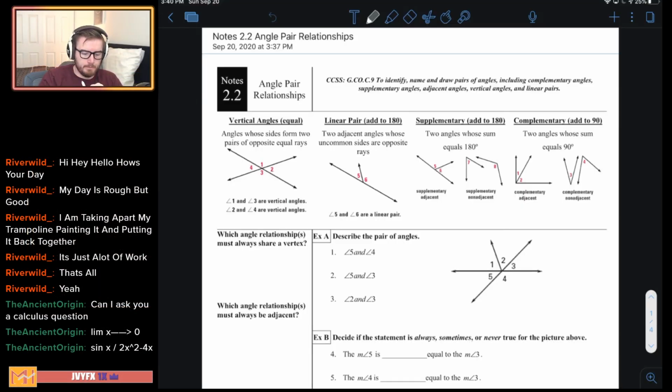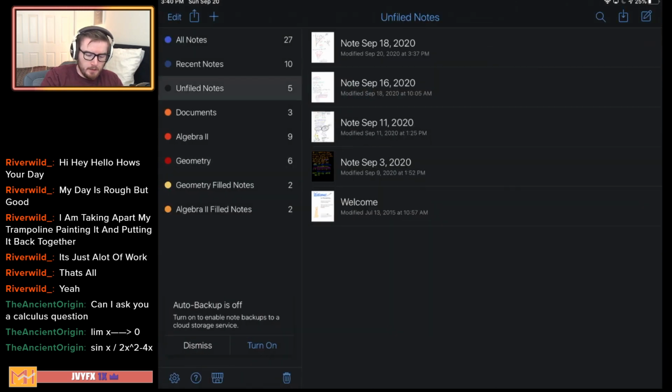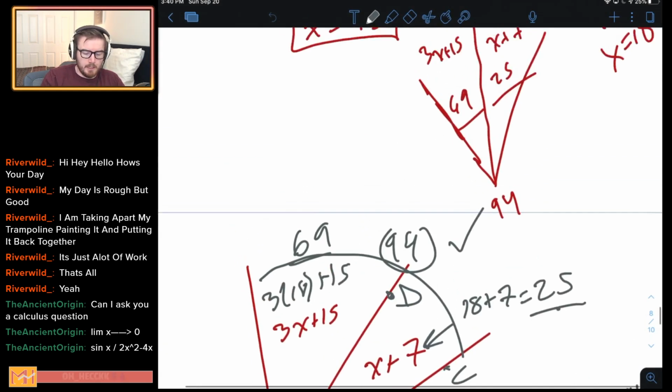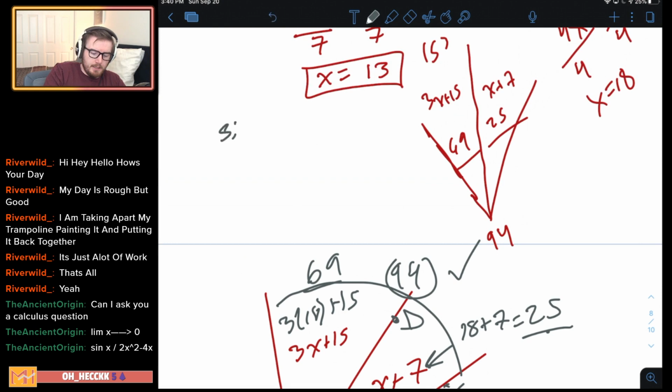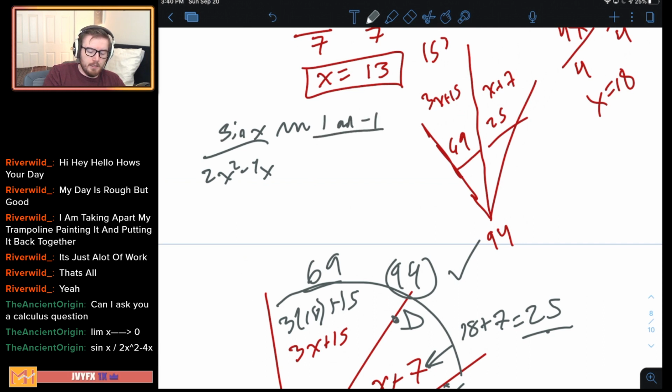Well, the top is bobbing up and down, right? Doesn't matter. Sine goes back and forth between 1 and -1. When I look at that, I've got sine of x over 2x squared minus 4x. This numerator is bobbing up and down between 1 and -1.